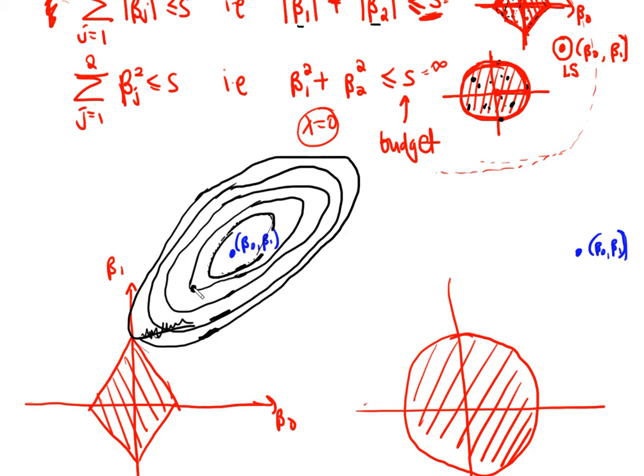This contour line does not fit our budget. This contour line does not fit our budget. It's still outside our boundary. This one fits our budget because it just touches our boundary here.